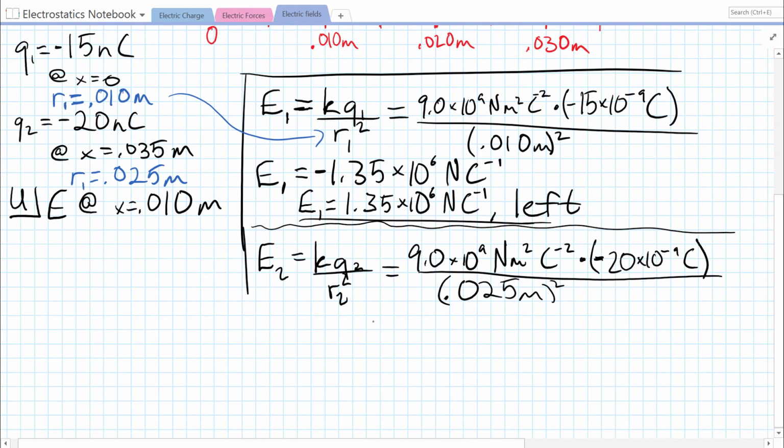We get an answer: 9 times 10 to the 9 times negative 20 times 10 to the minus 9 divided by 0.025 squared gives us negative 2.88 times 10 to the 5 newtons per coulomb.